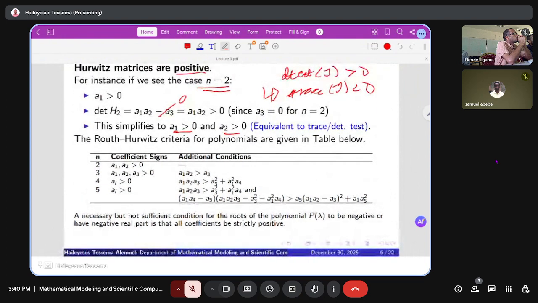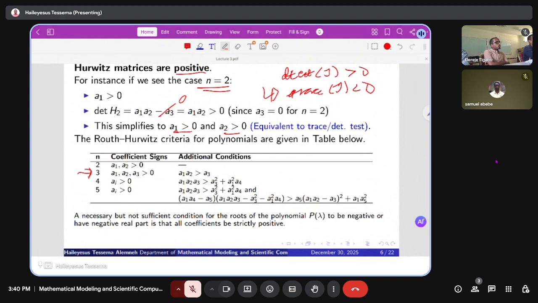But if the degree of the polynomial function is higher than 2, then we should use the Routh criteria. For instance, if it is 3, all the coefficients should be greater than 0. It's the first one.